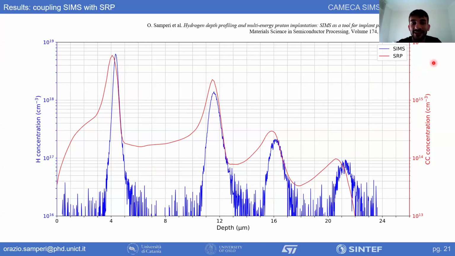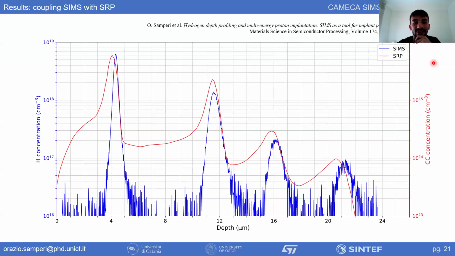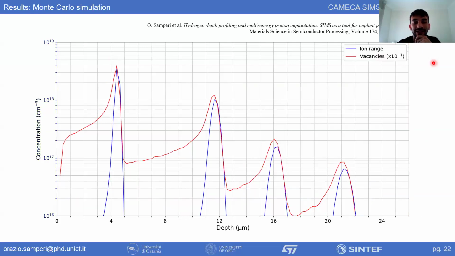So these profiles here, it's quite nice to see that for this kind of structures, proton implanted silicon, these profiles follow basically the defect distribution. Here you can see the electrical profile is the same as the defect distribution. This is just a simulation.